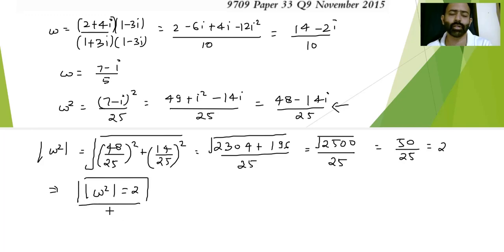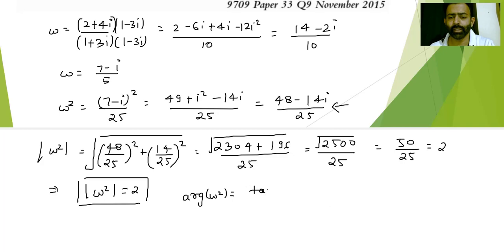Now next we need to find the argument of this. It is very simple. You can use your calculator. I am not giving the value in significant figures here, because the answer will be coming out in decimals, right? So the argument of w square, this is our w square.